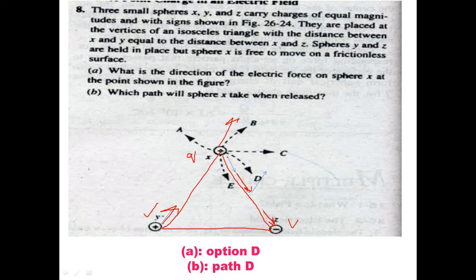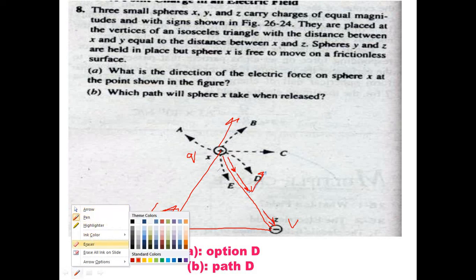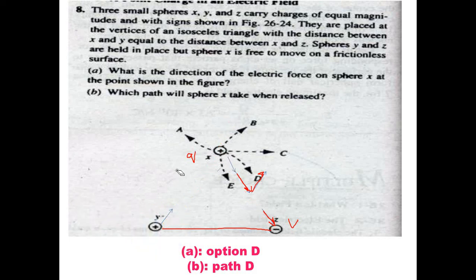I am combining all these vectors due to these charges in this region, and it actually becomes option D, the correct option. You combine them through the head to tail rule, and according to that rule, this is option D, which is the correct option.